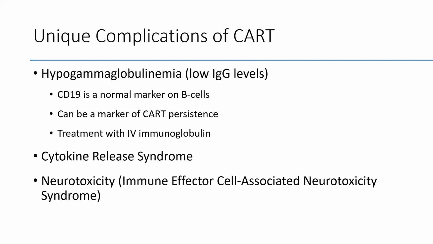We can treat this with IVIG. Cytokine release syndrome and neurotoxicity are also complications of CAR T. The most important complications are these two, cytokine release syndrome and neurotoxicity. I put examples for these two so we can go through them. So next one, sir.